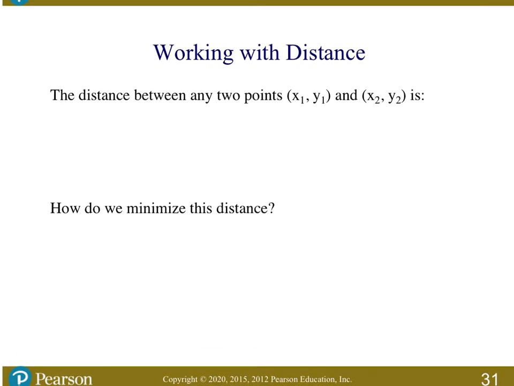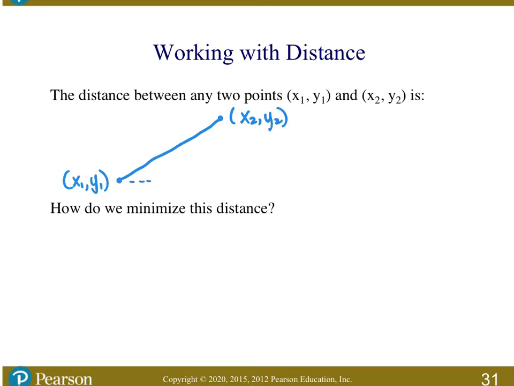Okay, let's move on to a little bit of geometry. So we want the distance between any 2 points. So let's draw any 2 points, x1 and y1, and we'll say we've got x2 and y2 up here, and we want to know what's the distance between them.